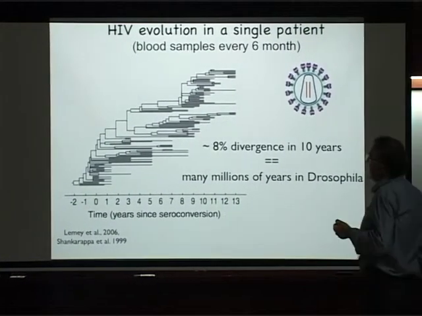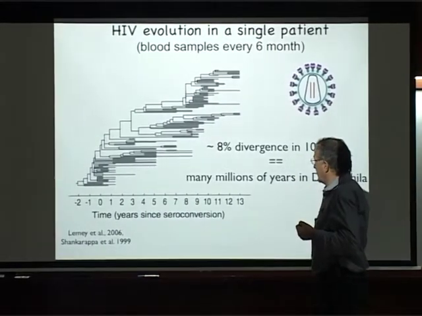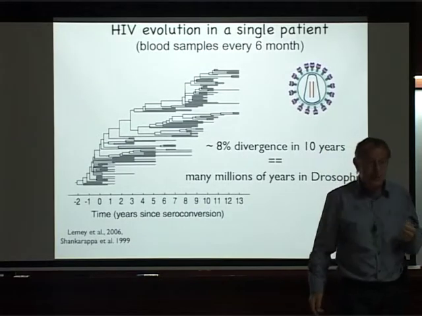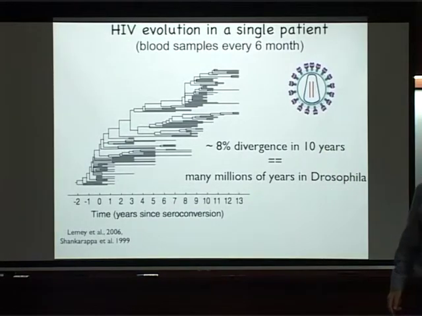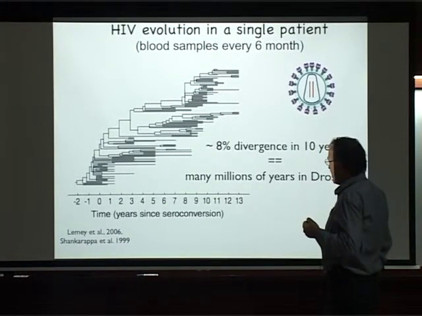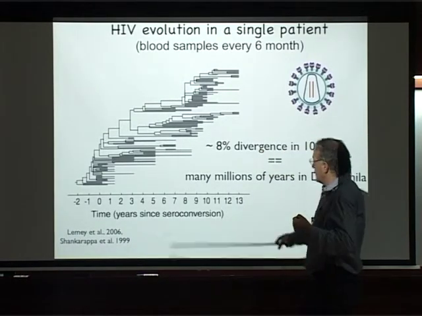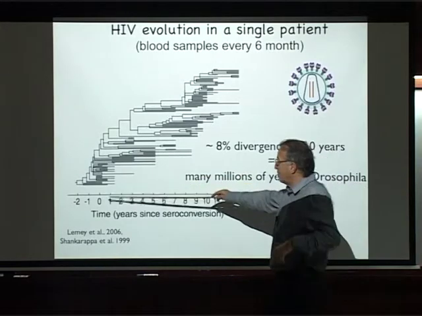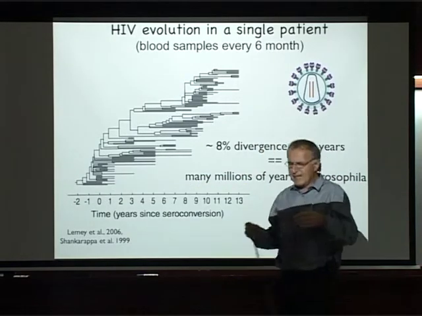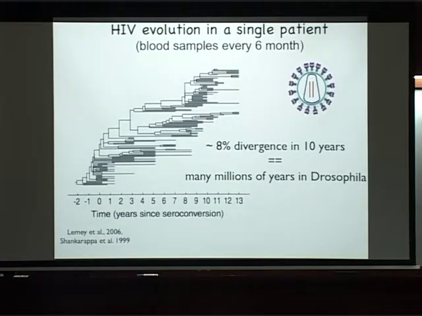And AIDS is a chronic disease. And at least some of the patients receive decent medical care and are followed through the unfolding of the disease. So in this case, blood samples were taken, I think, every 6 months. And then the virus was sequenced.